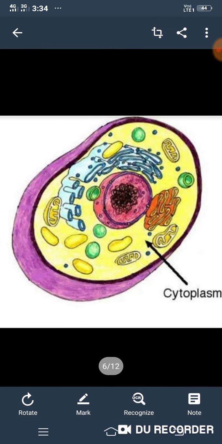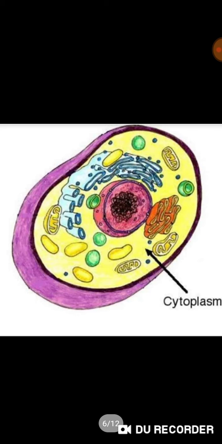Now number 3, cytoplasm. After cell wall, here is cytoplasm. Most part of the cell consists of the cytoplasm. You can see here the yellow color is the cytoplasm. It is a jelly-like substance inside the cell.